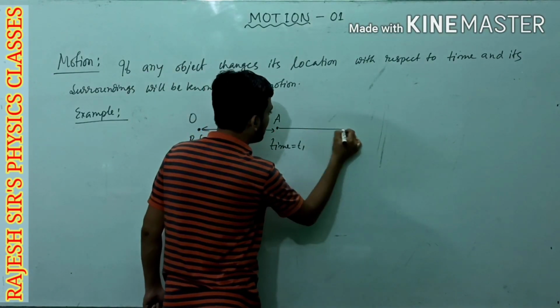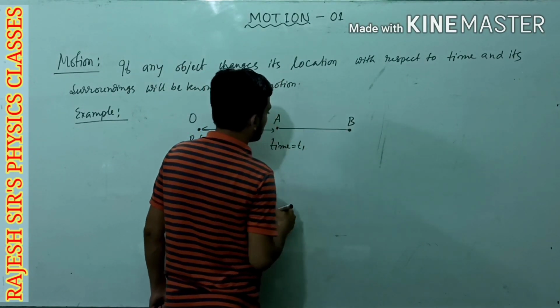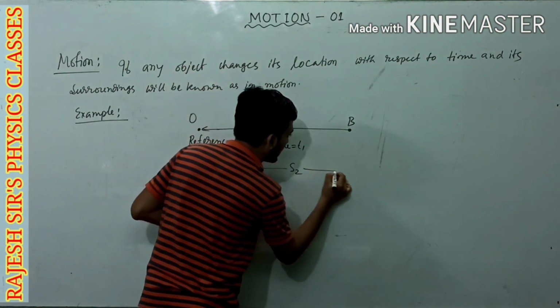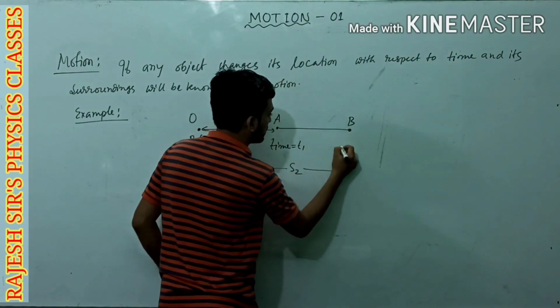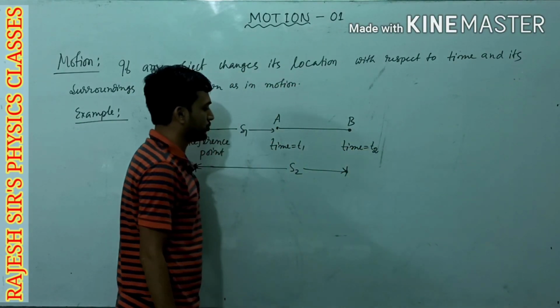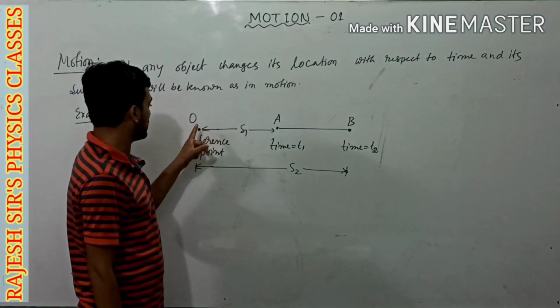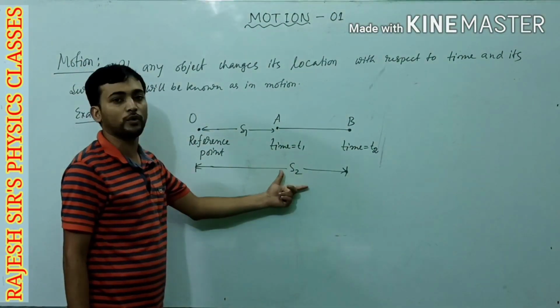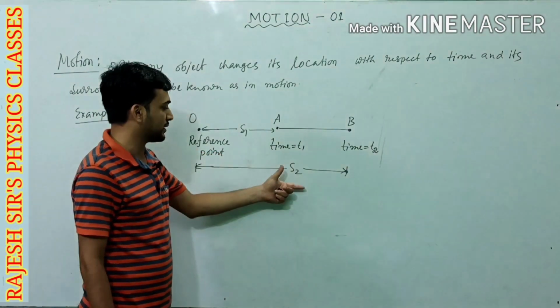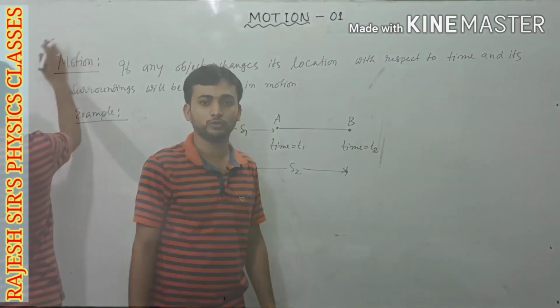After a certain time, suppose the separation between the reference point and that body becomes S2 at time t2. Since the separation between the reference point and the body is going to increase with the passage of time, we can say that the body is in motion.